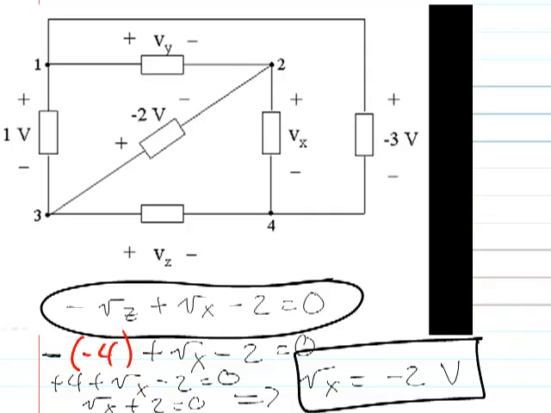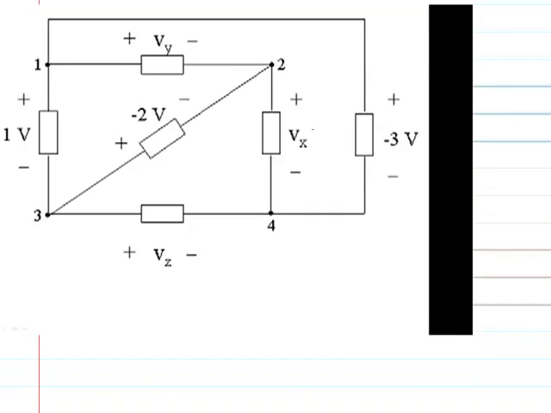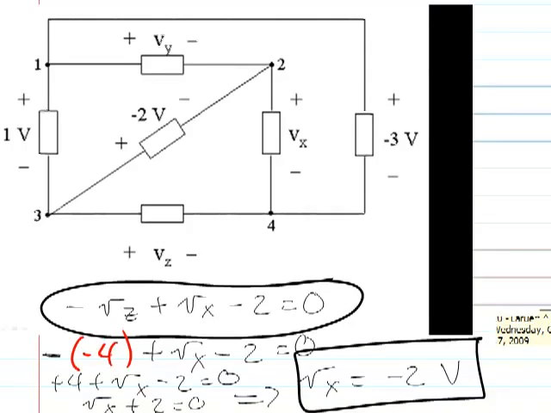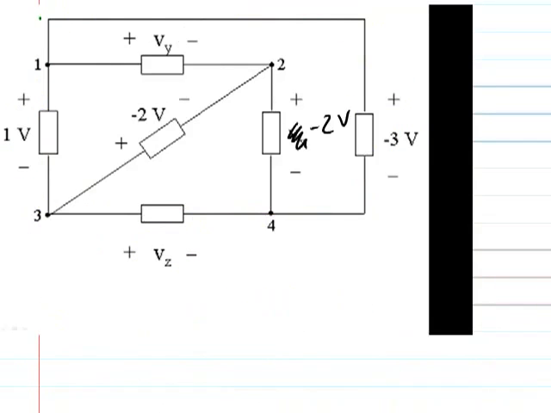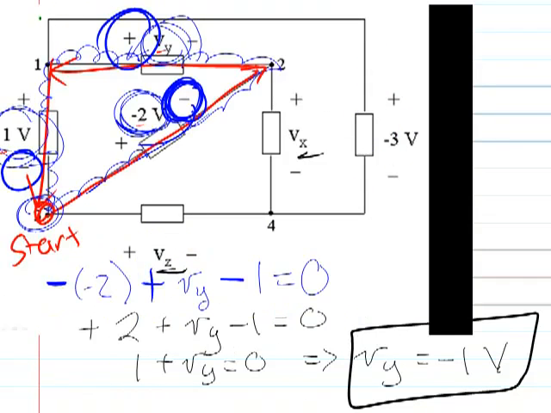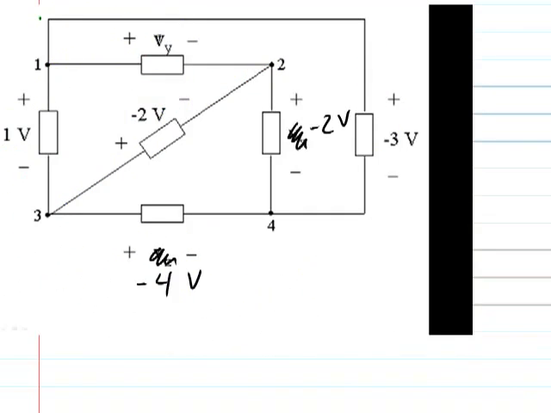Okay, so now we actually have a value for Vx and for Vy and for Vz. So we can actually check this by picking one of the circuits that we didn't use and just make sure that the numbers work, because if they work for half of them, they should work for all of them. So we're going to plug them back into our equation. Vx was -2 volts, Vz was -4 volts, and Vy was -1 volt.